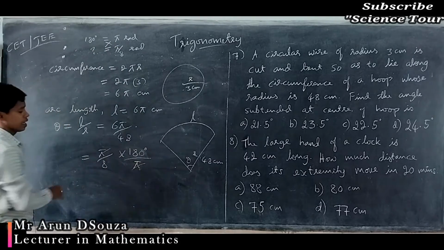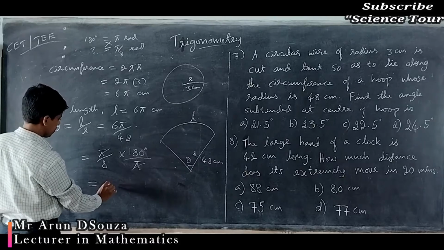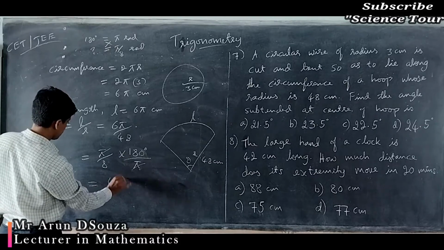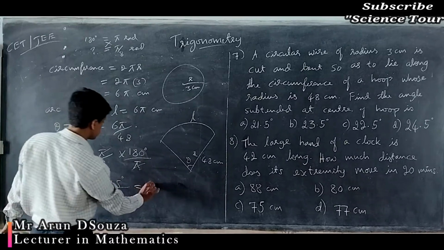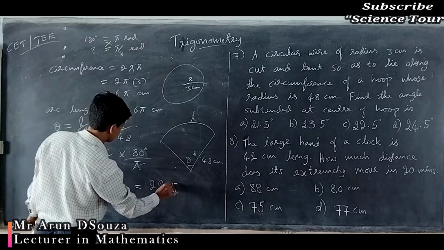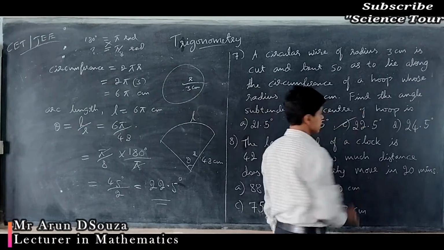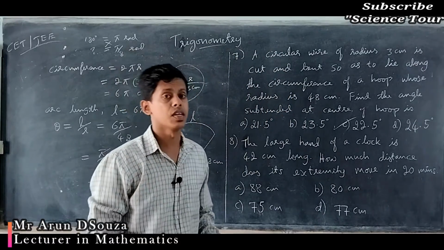So cancel it straight away. So 180 divided by 8, simplify by 4, so that is 45 degree divided by 2. So half of 45 is 22.5. So 22.5 degree is in the option C, therefore option C is the right choice for question number 7.